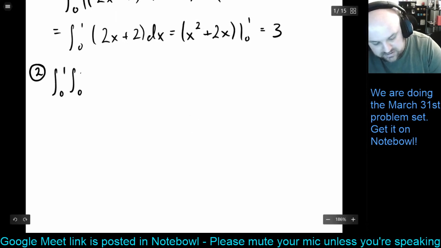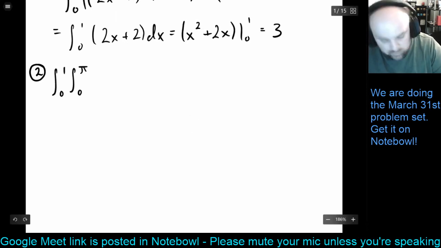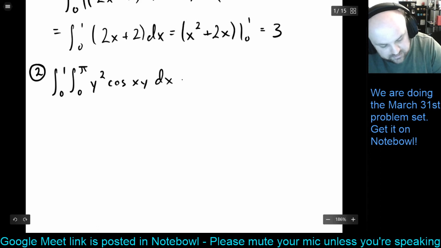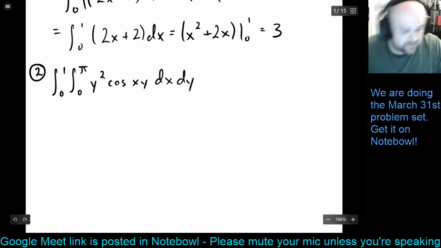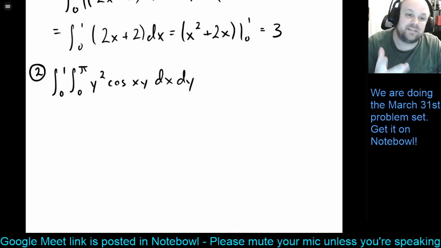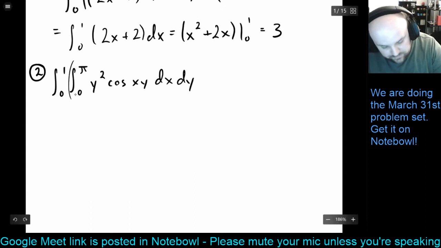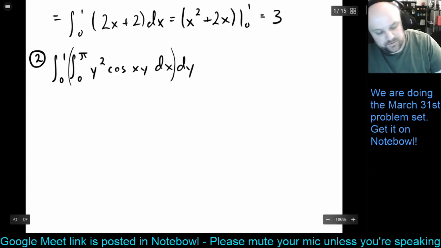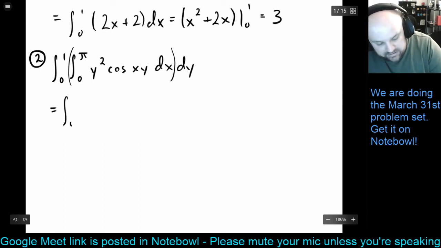The integral from 0 to 1, 0 to pi, of y squared cosine of xy. This has got to be dx first, right? Yeah. So we want to compute this integral, and again we work from the inside out. We're doing this x integral first, from 0 to 1.